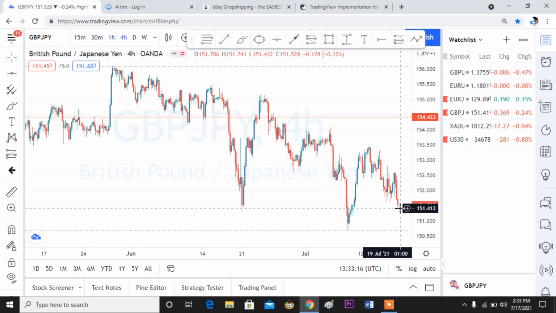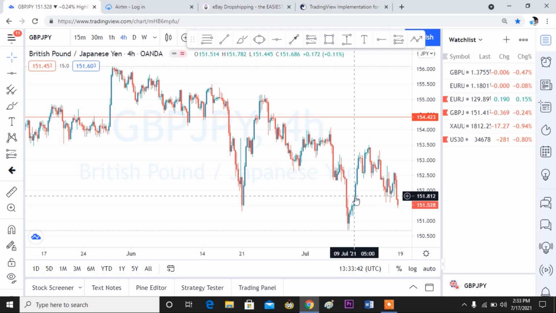It's normal for me to bargain at an even price. So if we want to buy it now, we're going to go for 151 or 152 or 153, a whole number. Looking at the current price level of GBPJPY, I have 151.528.